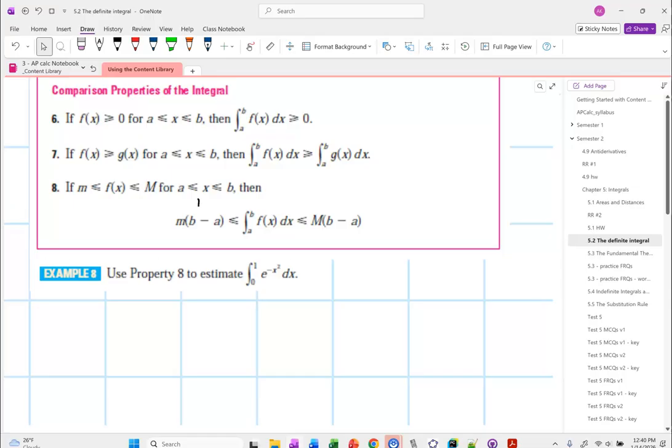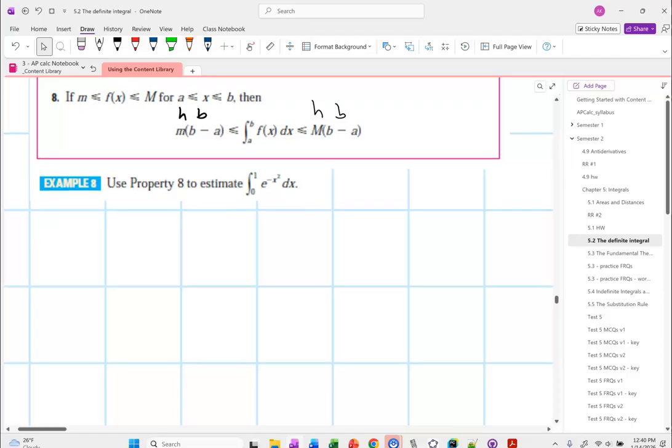That's all this is, base times height. So the area under f of x has to be in between those two areas, right? One height is always smaller than the height of f, and this height is always bigger than any height in that rectangle. So there's an upper and lower bound. Everybody feel good?